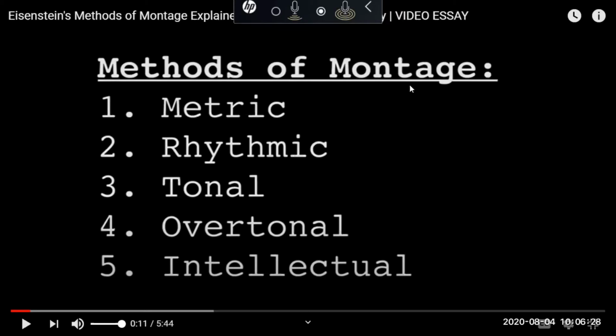At the beginning of a montage or by showing a number of images in a montage, you give the impression that time has changed or time lapse is shown, right? So it says that Eisenstein, after editing his film, said, okay, what he had done, he said, I have used metric montage, rhythmic montage, tonal and overtonal and intellectual montage while editing my film, right?